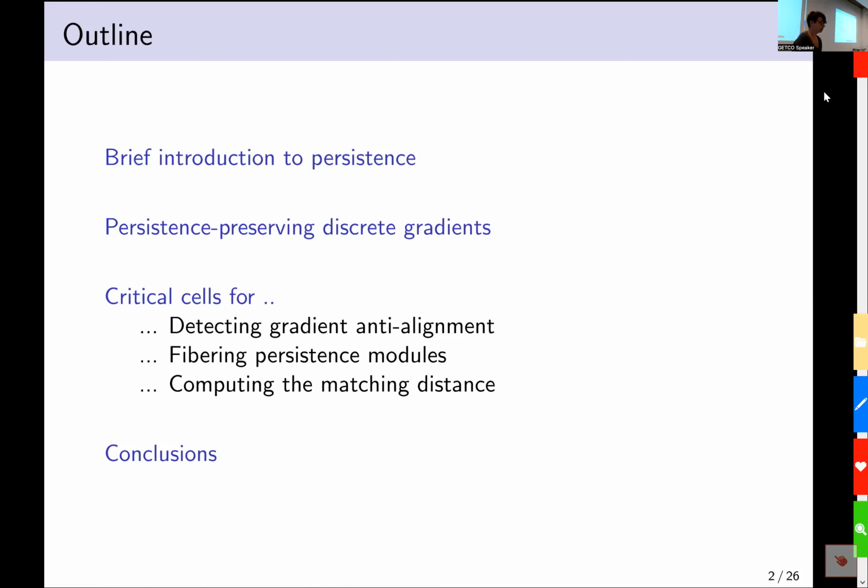My studies in these years have led me to the conclusion that the critical cells capture many interesting aspects for persistence, and in terms of dynamics, critical cells in connection to multi-parameter persistence detect the places where gradients are anti-aligned.